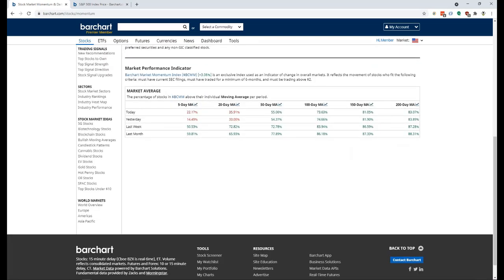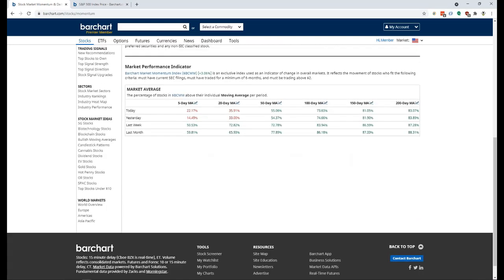And what is this stock chart telling me? Today, I like to have at least a 50-50 chance of making money. All right, so if 50% of the stocks are trading above their moving average, I'm in the market. If they're not, I'm either out of the market or I'm not adding to my portfolio.